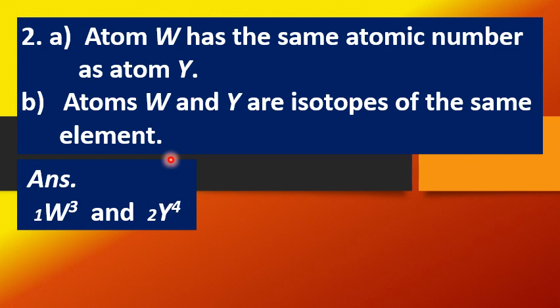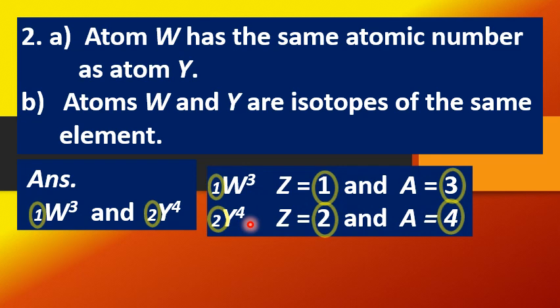So based on the table that we had earlier, we have here the chemical symbols of the two atoms, W and Y, with their atomic numbers written as the subscripts and their mass numbers as superscripts. And as highlighted, for atom W, the atomic number is 1, while for atom Y, the atomic number is 2.